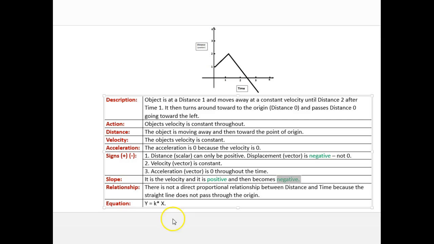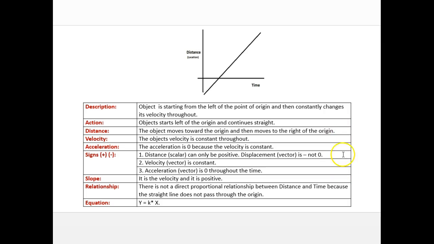No proportional relationship, and y is equal to the gradient, k, times x. Now this one is sort of a makeup one because I had to go back to the original graph. Just imagine that I have the 1, 2, 3, 4 on the axes.